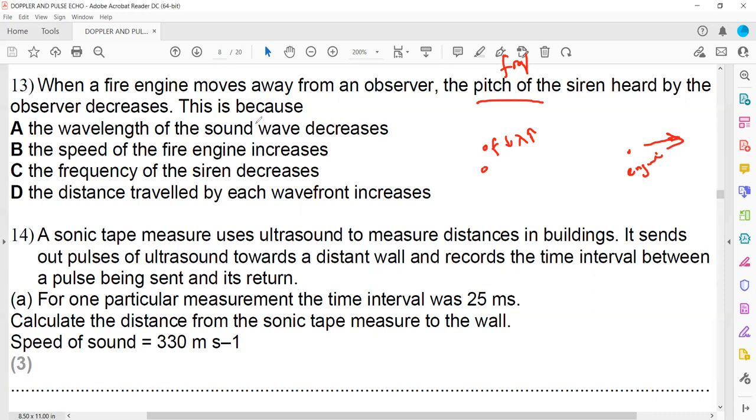So the wavelength of a sound wave decreases? The wavelength is not decreasing, the wavelength is increasing. The speed of the fire engine increases? That is not the reason, because even if speed is increasing or decreasing, that does not have any effect on the frequency.